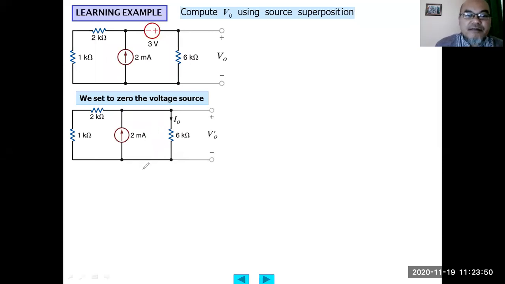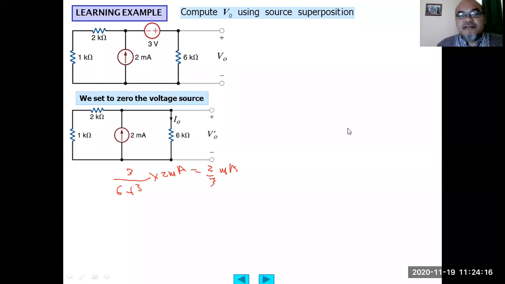This is basically a current divider, right? 1K plus 2K is 3 kilo ohm. So the current flowing through this 6 kilo ohm is 3 divided by 6 plus 3, times 2 milliampere, or 2/3 milliampere. Let's see if this is correct.